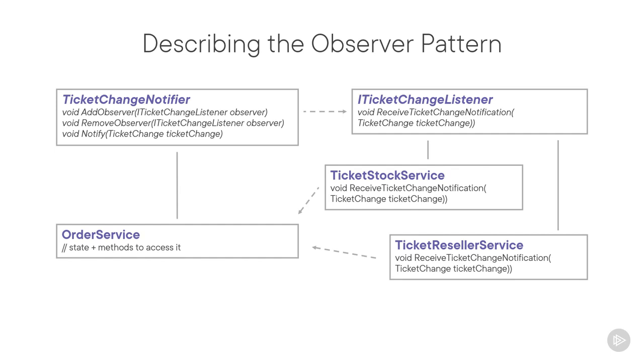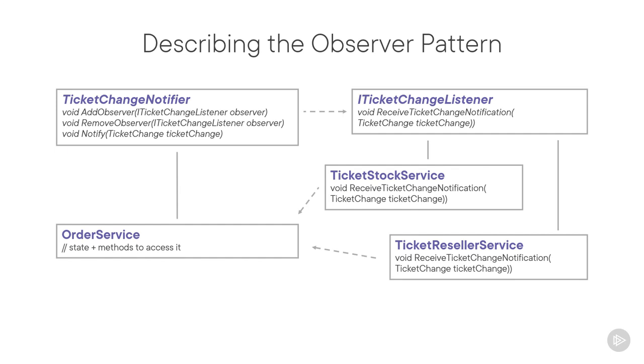Once a sale happens, the order service adjusts its state by updating its data store. It then notifies all observers of this change through the notify method on its base class. And that method runs through all observers and calls receive ticket change notification on them. Like that, each concrete observer can update its own state accordingly. So that's how this works.